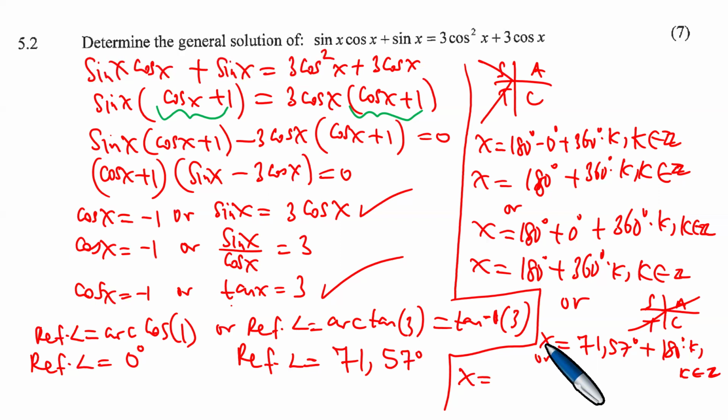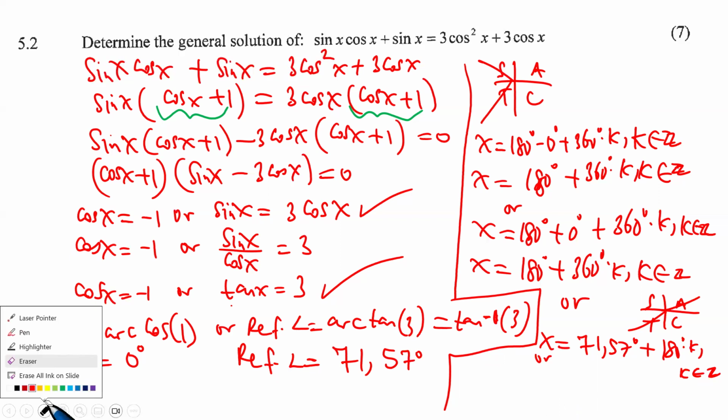How did we forget the angle in the third quadrant? It is already part of this. So you can also say that you have 180 plus 71.57, but it's already taken care of. Let me just write that one up here.